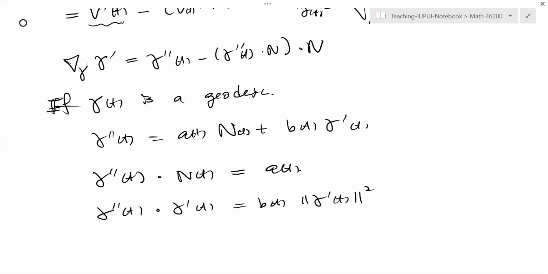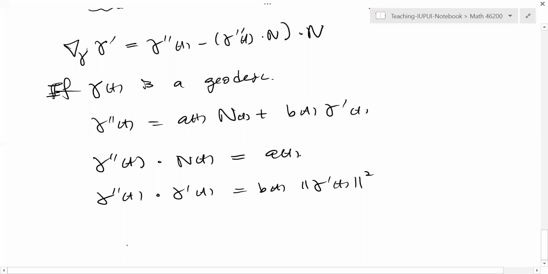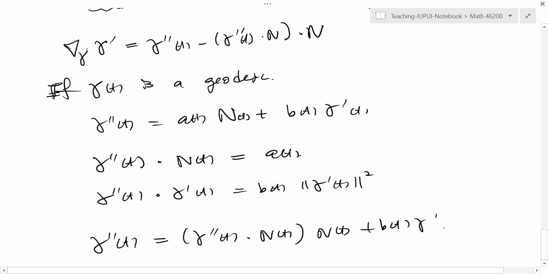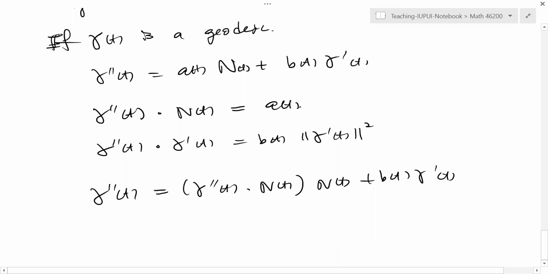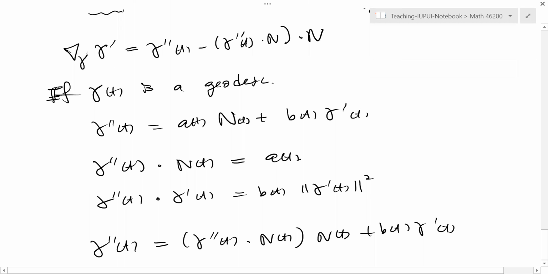So that means gamma double prime equals gamma double prime dot n times n plus B of t times gamma prime of t. So the difference is going to be B of t.